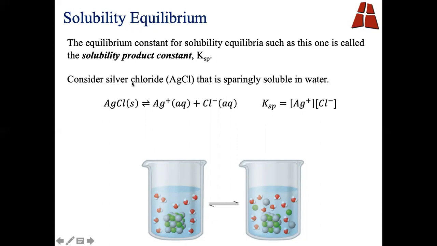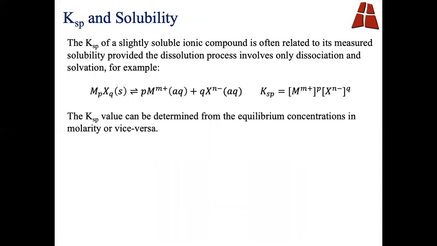We don't include pure solids or liquids in our equilibrium expressions, right? So the general formation of that, again, it's products over reactants, should look like that. The Ksp value can then be determined if you're given equilibrium concentrations in molarity, or you can figure out the concentration in molarity for some salt if you're given the Ksp value, right?